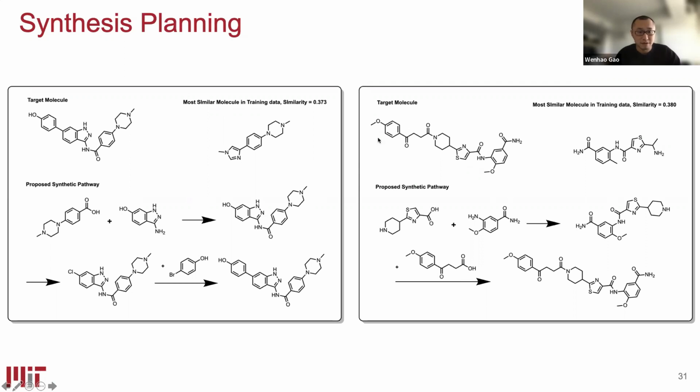So these are the targets. These 2 are the most similar molecules that we find in our training set, and both of them only have about 0.3 something similarity, and those are the pathways our model predicts. So we can see that our model successfully constructed synthetic paths for them, even though it didn't see any similar molecules during training, showing a good generalization ability.